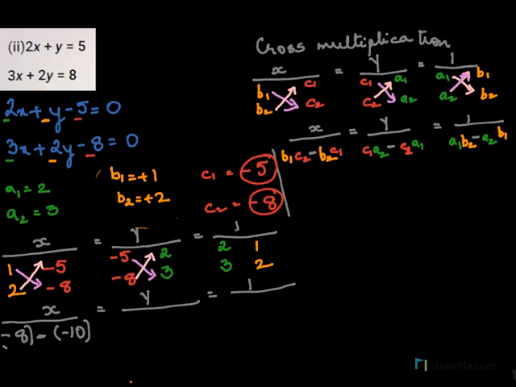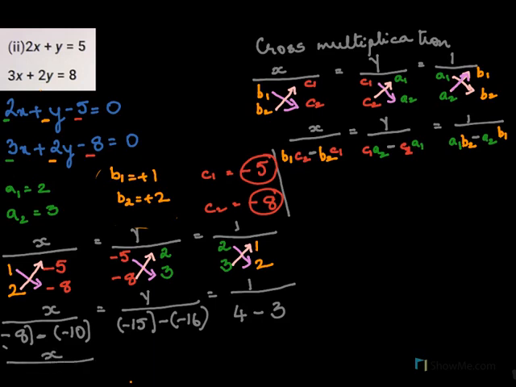So minus 5 into plus 3 is minus 15, and minus 8 into 2 is minus 16. Next, find the product of 2 into 2, which is 4, and subtract it from 3 into 1, that is 3.